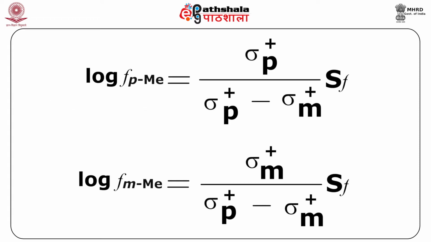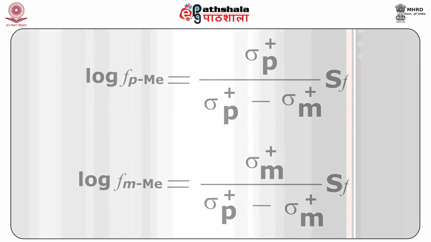Now you can see here that log of F of paramethyl is equal to sigma plus of para divided by sigma plus of para minus sigma plus of meta, into SF, and log F of metamethyl is equal to, again, sigma plus of meta divided by sigma plus of para minus sigma plus of meta, into SF.